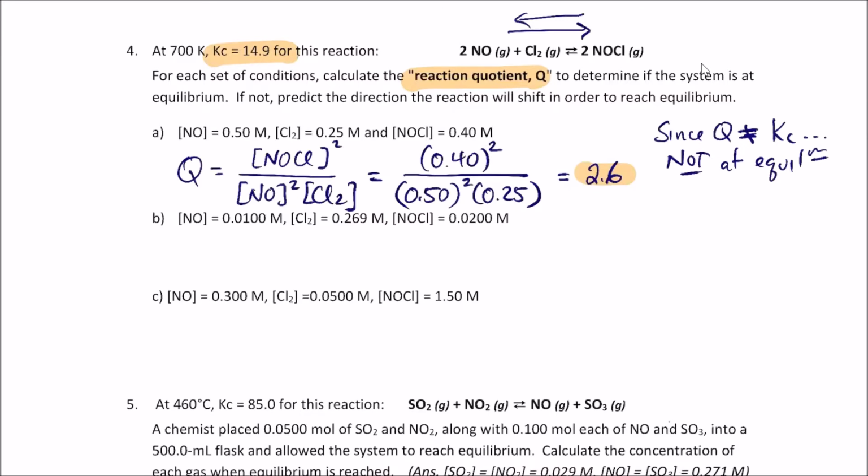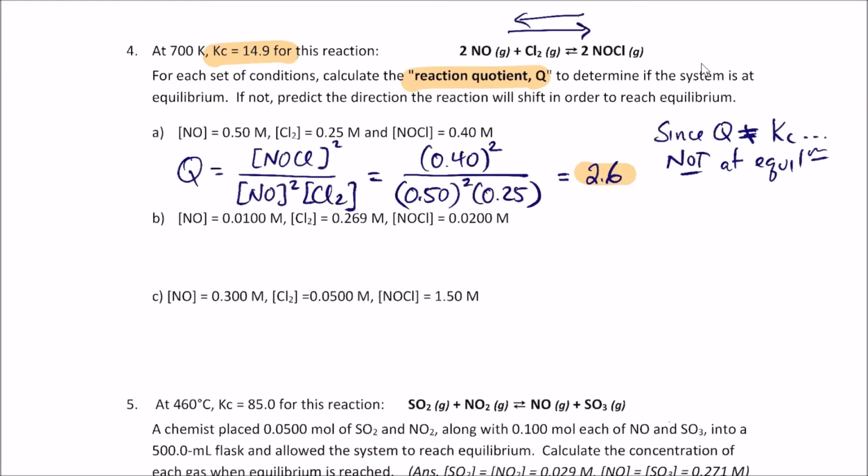Okay, so right there you see a very simple reason for calculating Q. You can tell whether or not a reaction system is at equilibrium. We got 2.6, Kc is 14.9, so no, this is not at equilibrium.